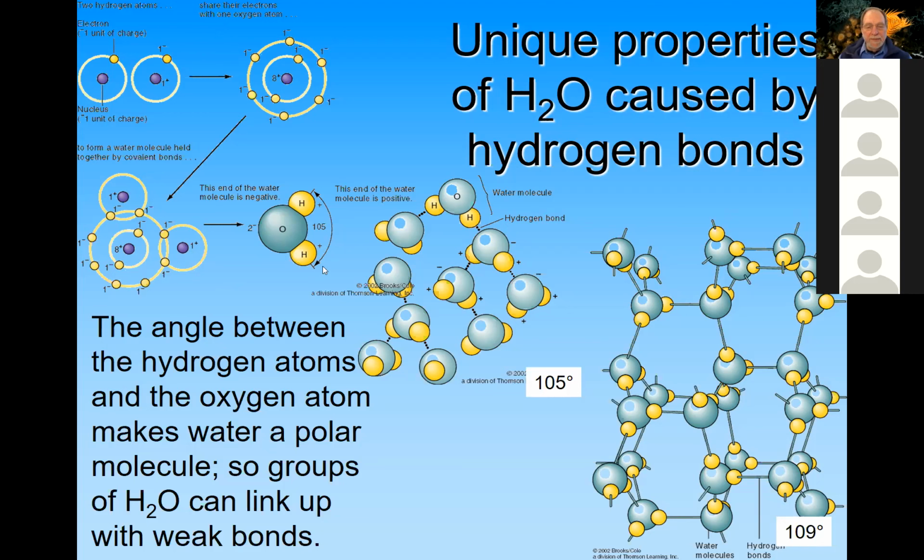So the hydrogen atoms tend to be at one side of the oxygen atom, with an angle of approximately 105 degrees between the two. And so this produces a negative side in the water molecule and a positive side. So it's a dipole. There's a polarity in this molecule. And this polarity allows water molecules to bond together in the liquid state.